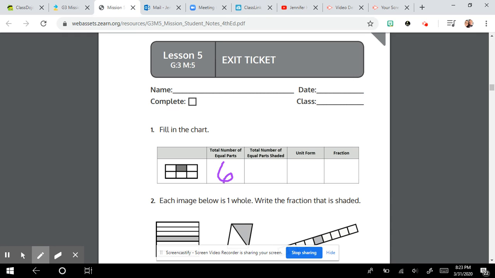We have the total number of equal parts that are shaded. We have one that is shaded. The unit form would be 1/6, which is also the same as the fraction. The answer is 1/6.